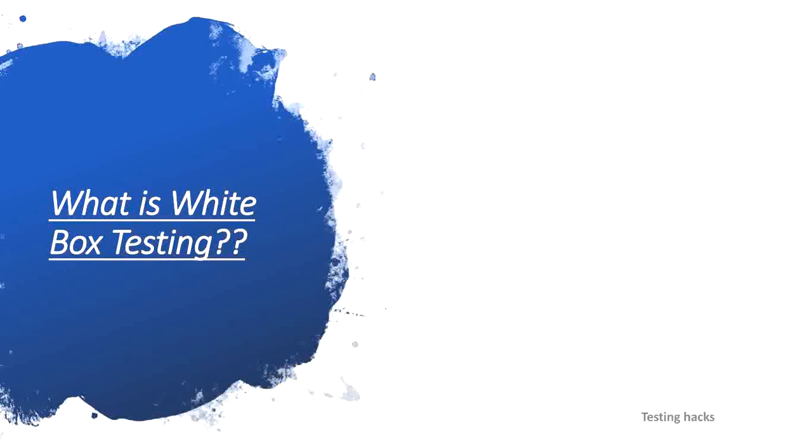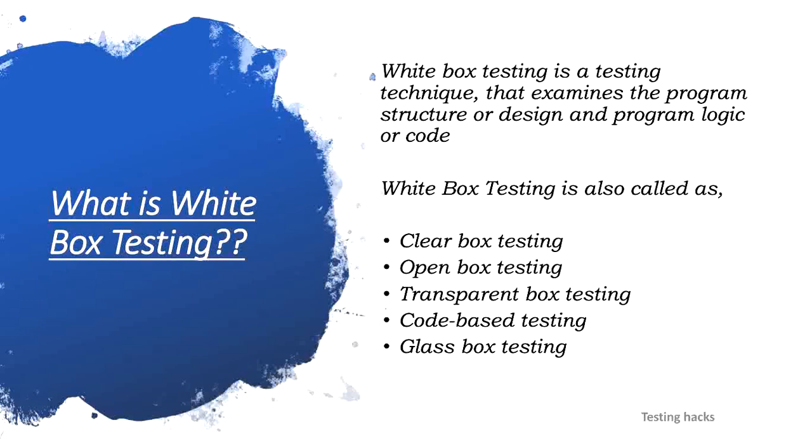So what is white box testing? White box testing is a technique that examines the program structure or design and the program logic or the code. Especially, this process is to verify the working code. The part of testing which verifies the working code is also known as unit testing.